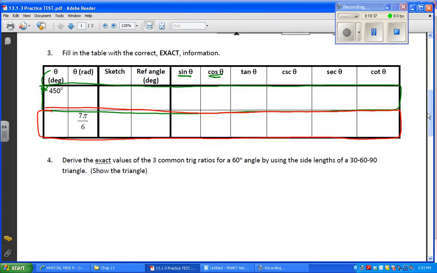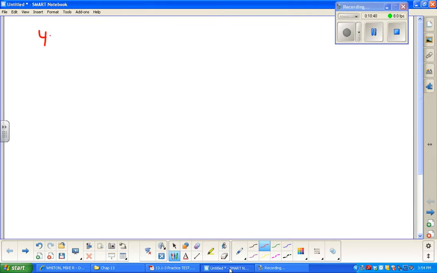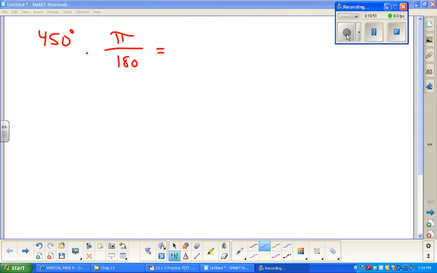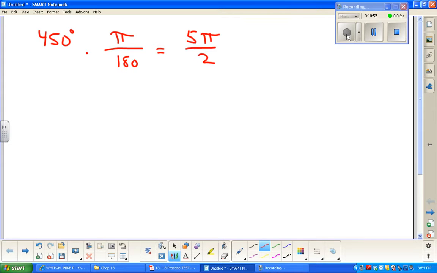I'm going to go to a separate page here. Let's take the 450 degrees. We want to convert that into radians for the first thing in the table. So again, we multiply by pi over 180, and you're going to end up with 5 pi over 2. A common answer I've been seeing is that people will just take 450 divided by 180 and get 2.5, and they say it's 2.5 pi. Technically that's not wrong, but we keep these as reduced fractions.